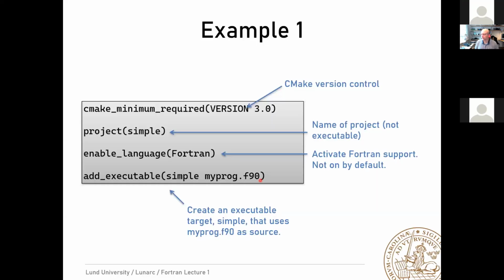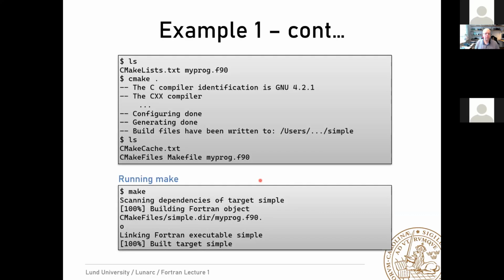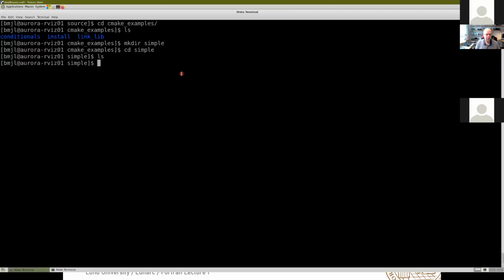The CMake file is called CMakeLists.txt. It's a bit odd, but this is the default name of the CMake list file. So I do vi.